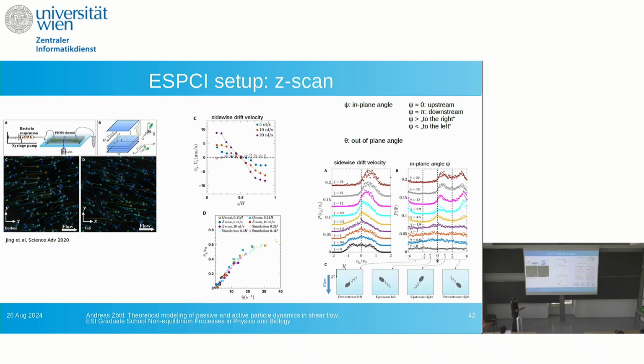In the experiments, they did very nice data measuring the distributions of velocities and orientations of bacteria, and we compared it with the numerical results from the simple model, and we get a very nice quantitative agreement, even for these very noisy bacteria in the shear flow.